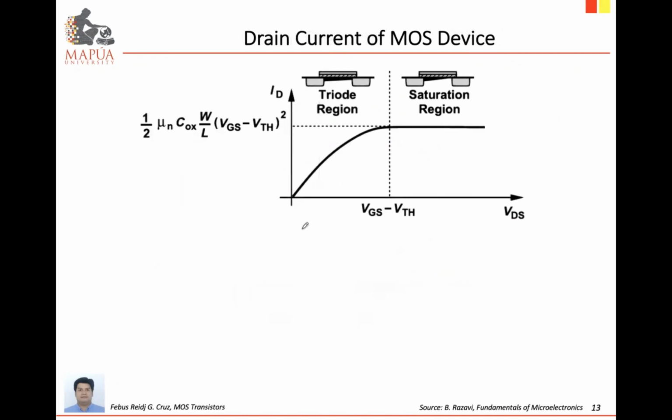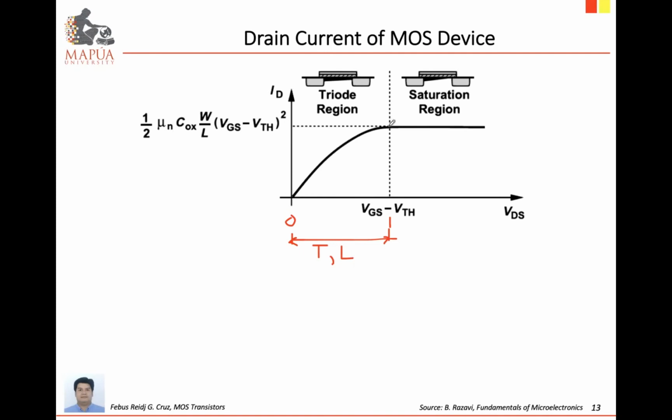So the region from VDS equal to 0 up to VDS equal to VGS minus VTH, this is the region we refer to as the triode or the linear region. And notice the formation of the channel. The channel is being modeled as somehow uniform from the source to the drain region.